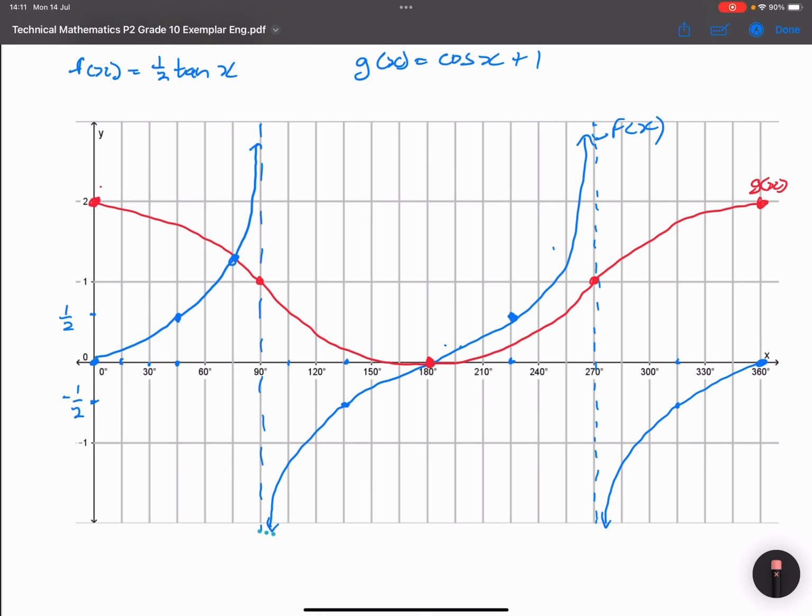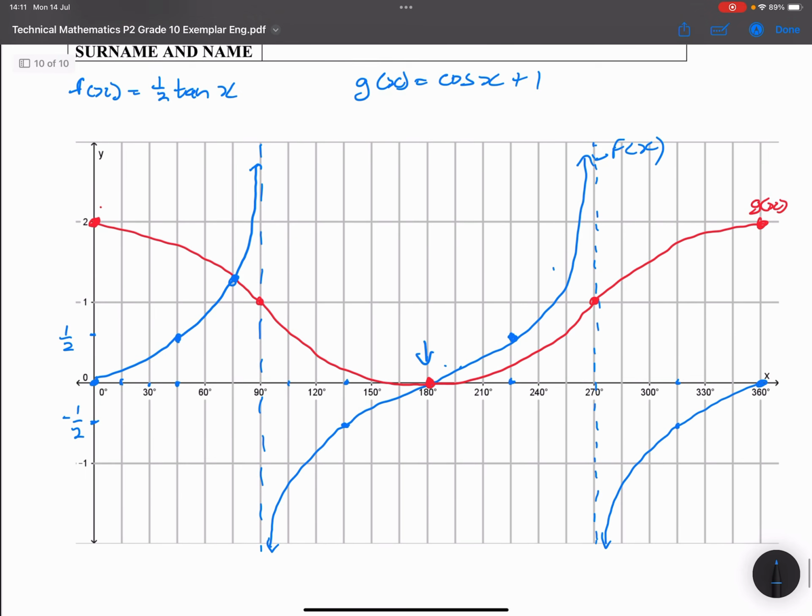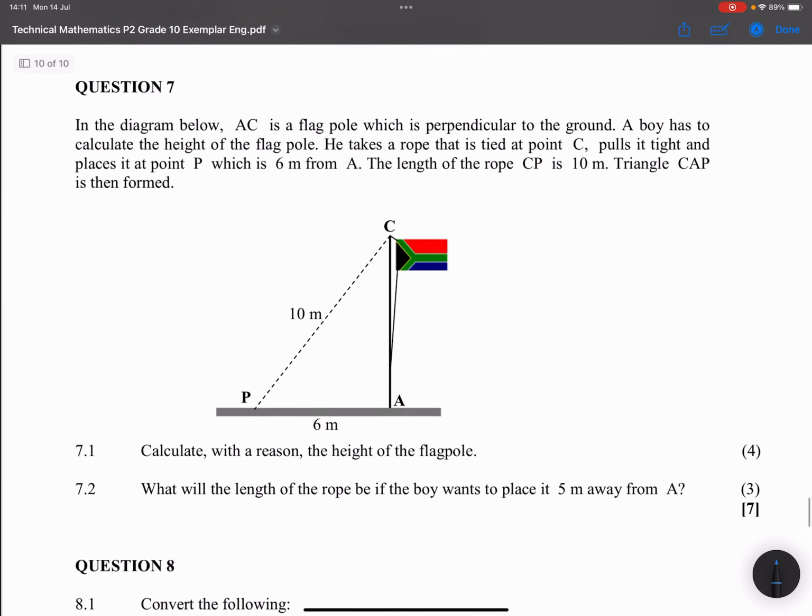But remember, they said to us greater than, so which means we're going to exclude 180. Why? Because at 180, the graph is actually exactly equal to, okay? They're equal there, it's not above, right? They start being above after that point. And in this case, at 270, that's an asymptote, f of x is undefined there.